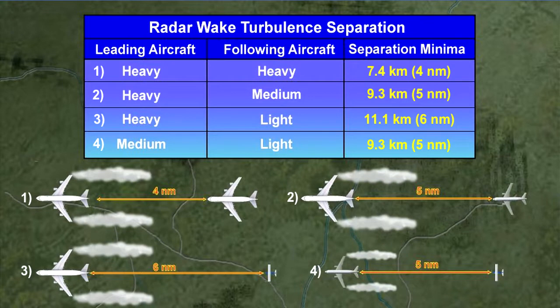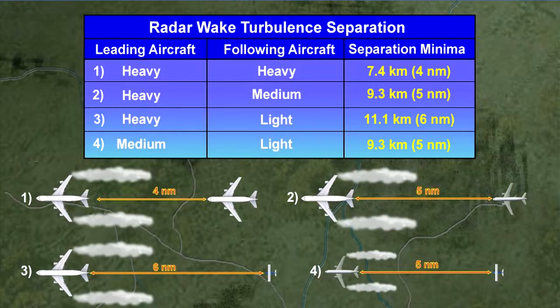Under radar separation, the following distances apply. For a heavy aircraft, behind a heavy aircraft, the separation is to be 4 nautical miles. For a medium aircraft, behind a heavy aircraft, the separation is to be 5 nautical miles. For a light aircraft behind a heavy aircraft, the separation is to be 6 nautical miles.